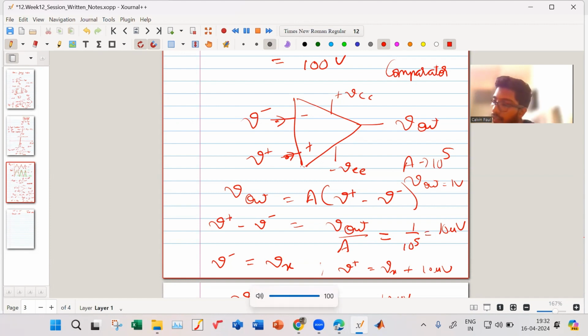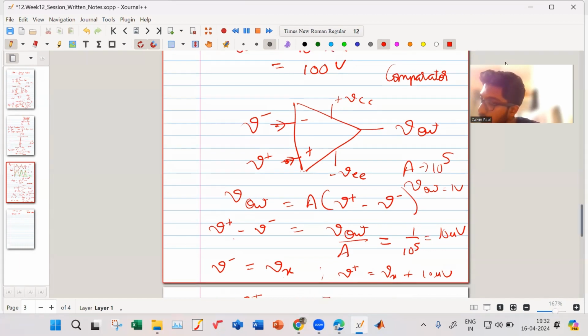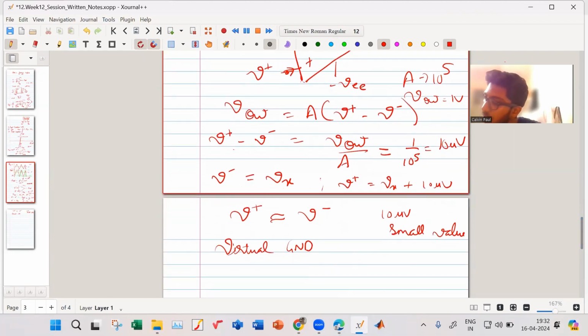Till here it is clear: V plus minus V minus is 10 microvolt. Assume your V minus is some voltage Vx. Then your V plus is Vx plus 10 microvolt. So I can approximately write that my V plus is approximately V minus, which is approximately Vx, because 10 microvolts is a very small value.